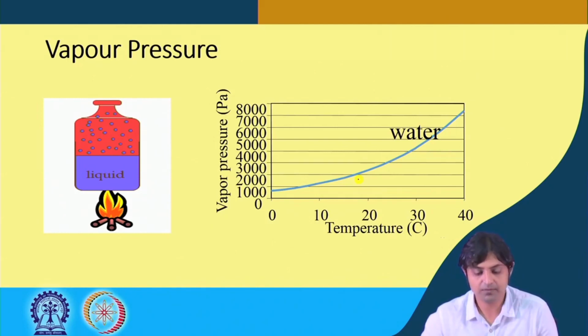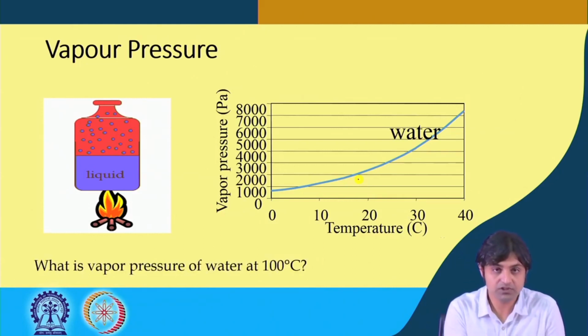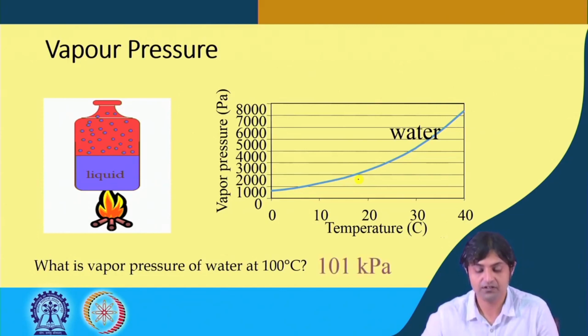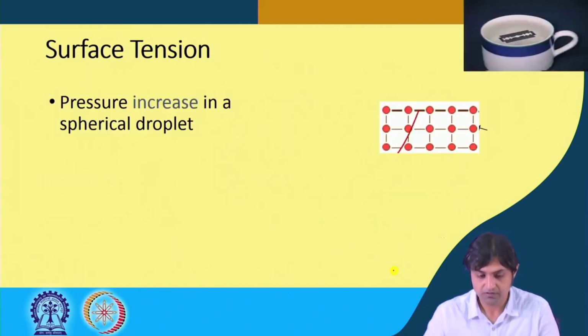This is due to the vapor pressure. One of the key values that we must be aware of in these types of courses is, for example, the vapor pressure of water at 100 degrees centigrade. It is 101 kilopascal. So this is an important value to remember.